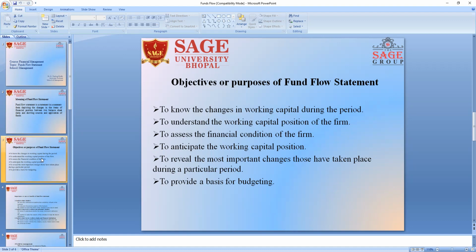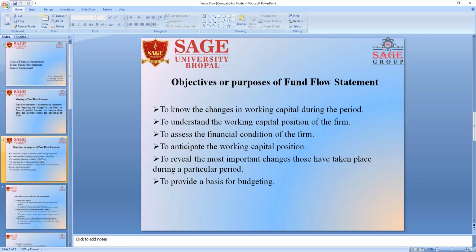And to understand the working capital position of the firm, whether we have to increase the working capital position of the firm or decrease it, and to assess the financial condition of the firm. What is the financial condition, whether it is running on a better process, whether the firm is in profit or loss, and how the financial condition should be ascertained to get the betterment of the organization.